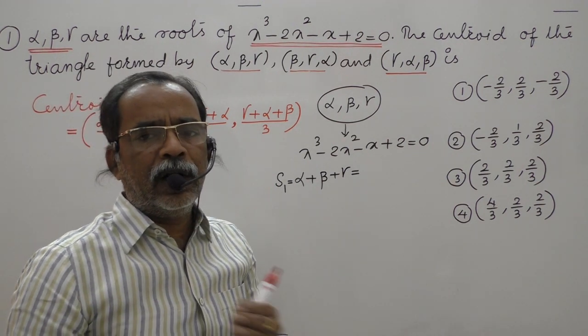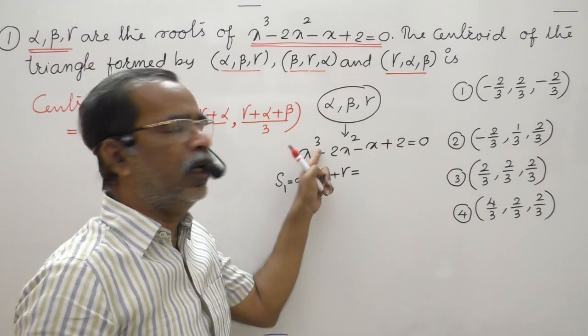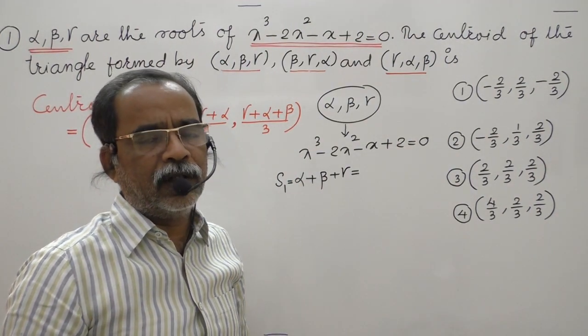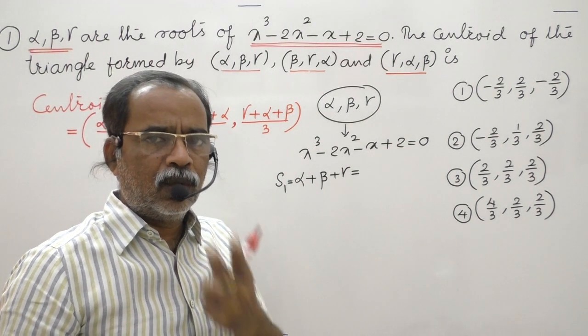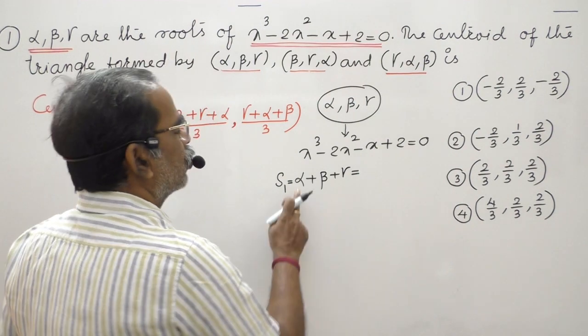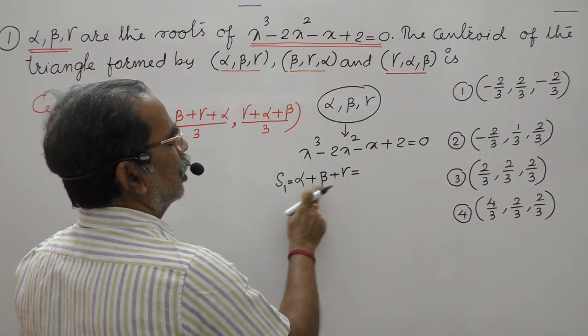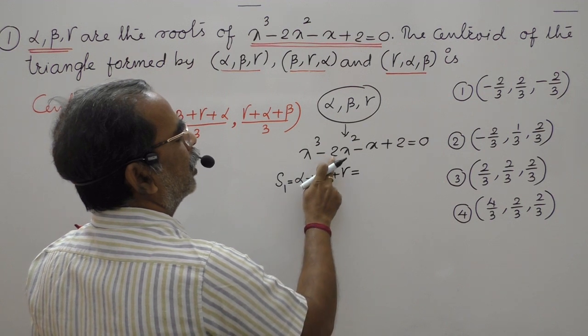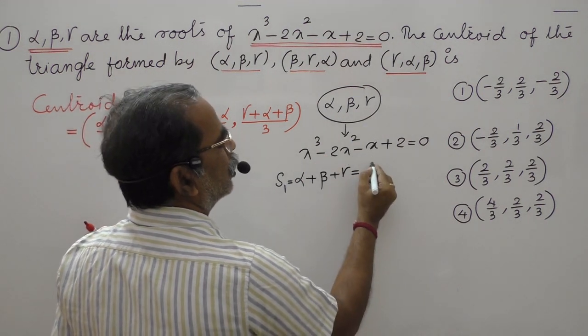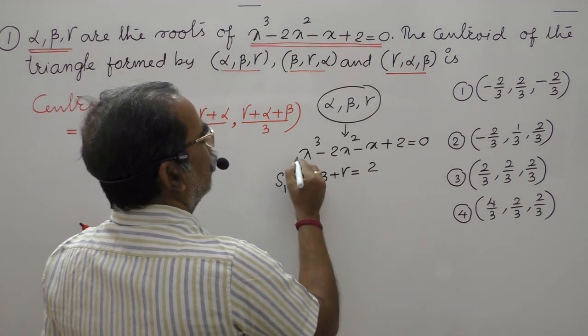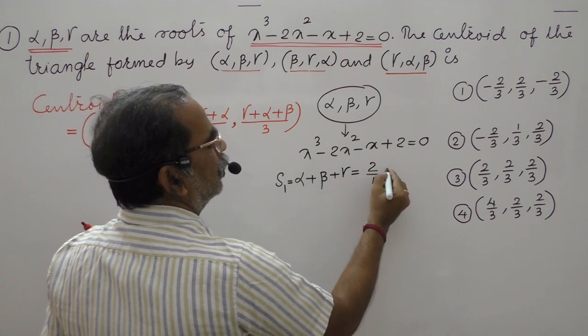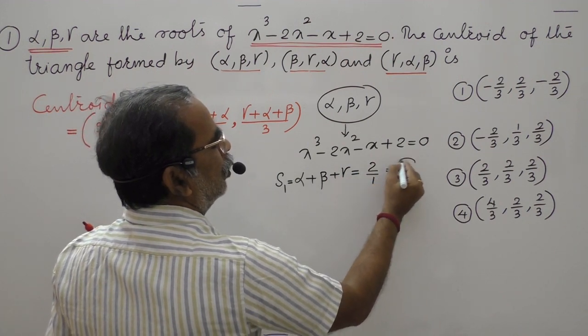Similarly, you can write S2 because it is cubic equation. There will be three relations. For quadratic, two relations, etc. So what is the sum of the roots? Alpha plus beta plus gamma is minus b, minus into minus plus 2 by 1. That is 2 only.